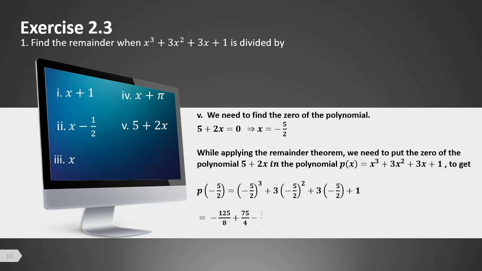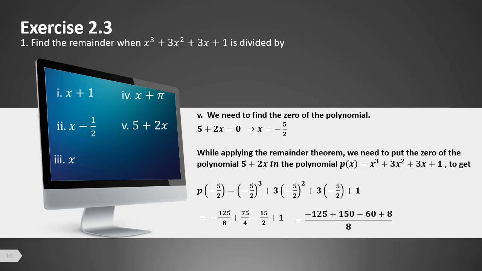Opening out this step, that is minus 125 upon 8 plus 3 into 25 by 4, that is 75 by 4, and 3 into minus 5 by 2, that is minus 15 by 2, plus 1.